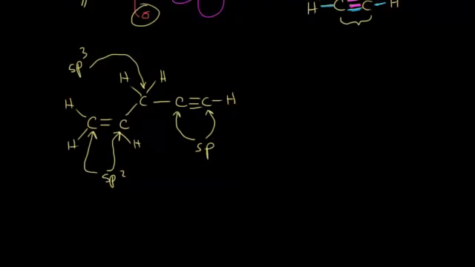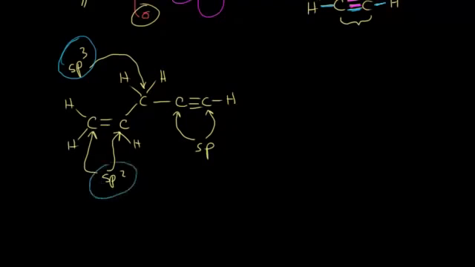All right, next let's think about the shape and also the bond angle. Let's start with the sp3 hybridized carbon. We saw in the video on sp3 hybridization that the atoms around it want to adopt a tetrahedral bond angle and get as close as possible to 109.5 degrees. So that takes care of sp3 hybridization.